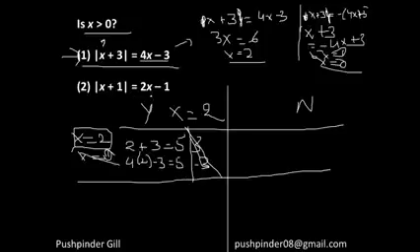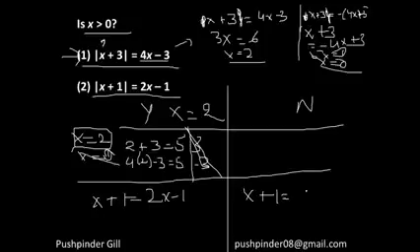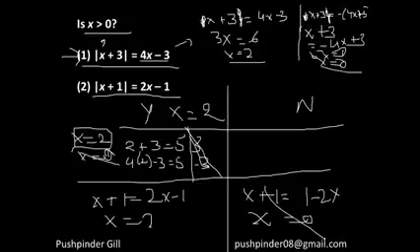So let's move forward. Similarly, if we do this, x plus 1 can be equal to 2x minus 1, and x plus 1 can be equal to 1 minus 2x. So from here I get x equal to 2, and from here I get x equal to 0. Put x equal to 0 here, it won't suffice. 1 equal to minus 1, not possible.